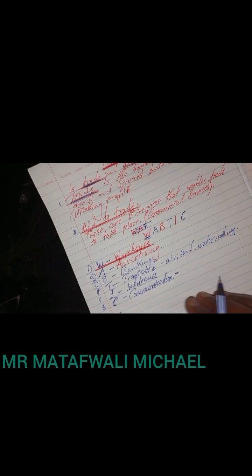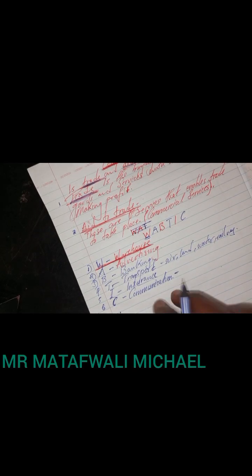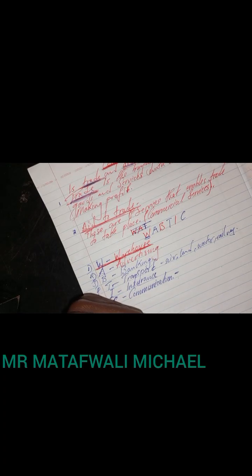Now, remember, this is commerce. So we have to define communication in terms of commerce. Commerce, we are talking about business. So this is going to be the exchange of communication between the customers and the producers, or the customers and the manufacturers, or the producers and the manufacturers.